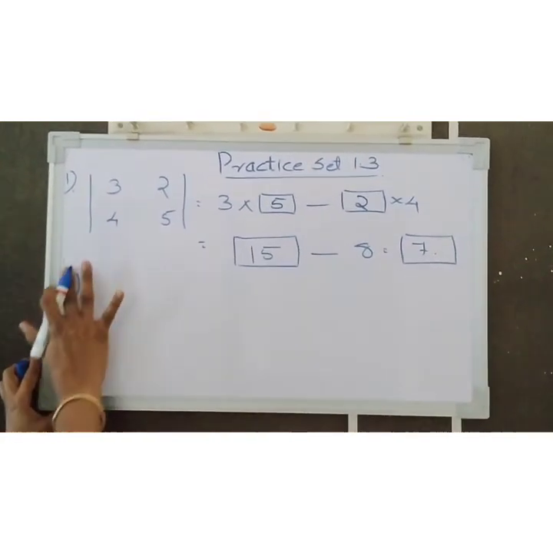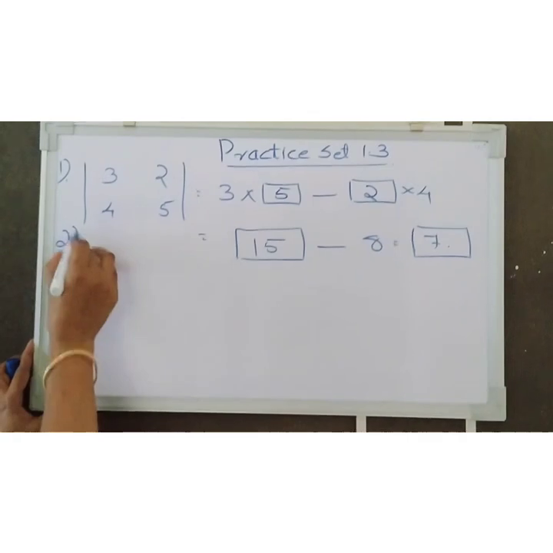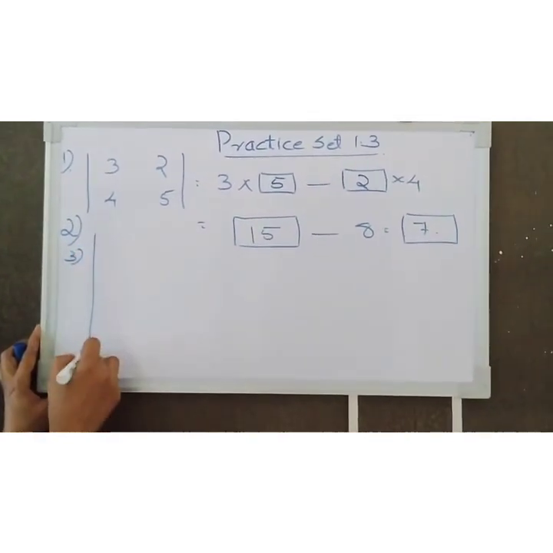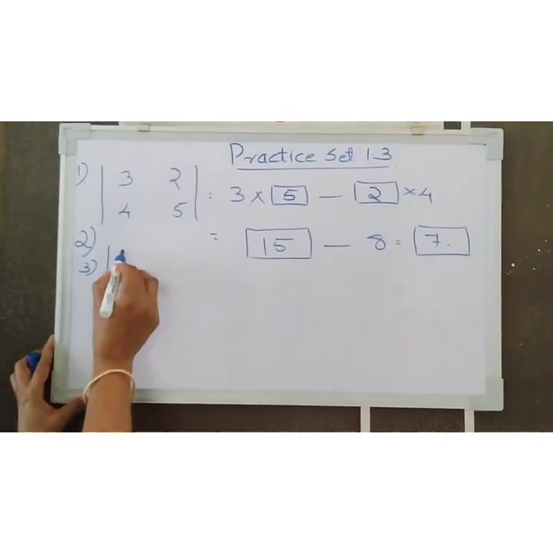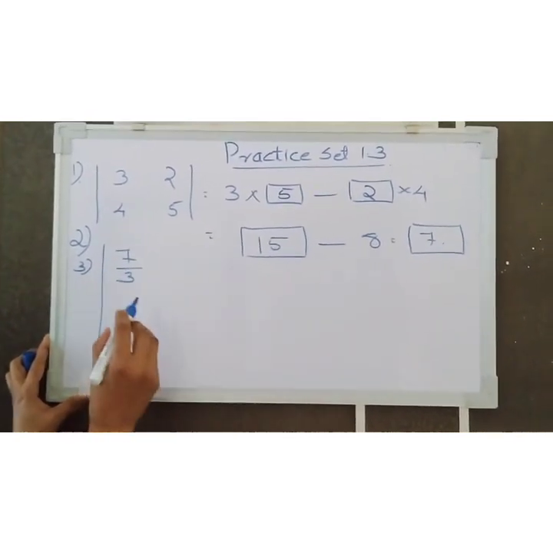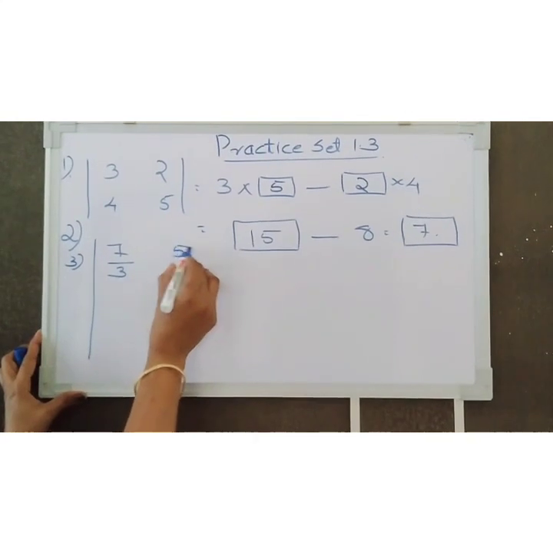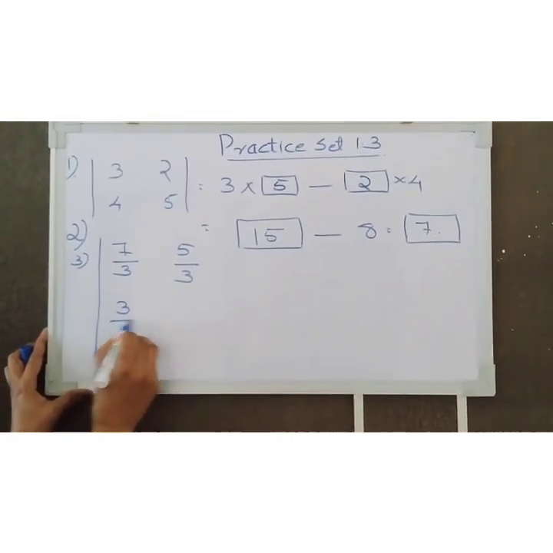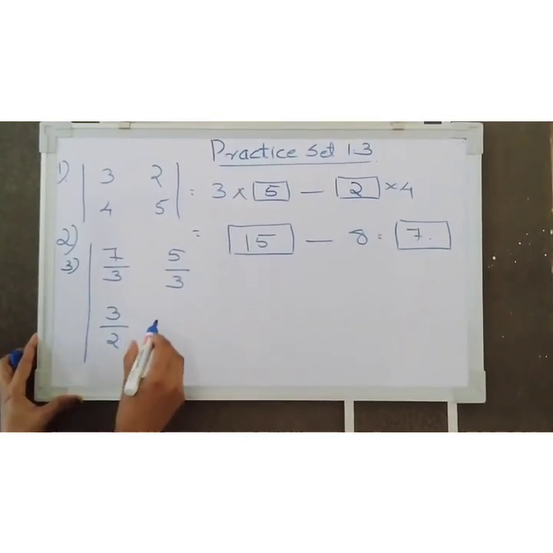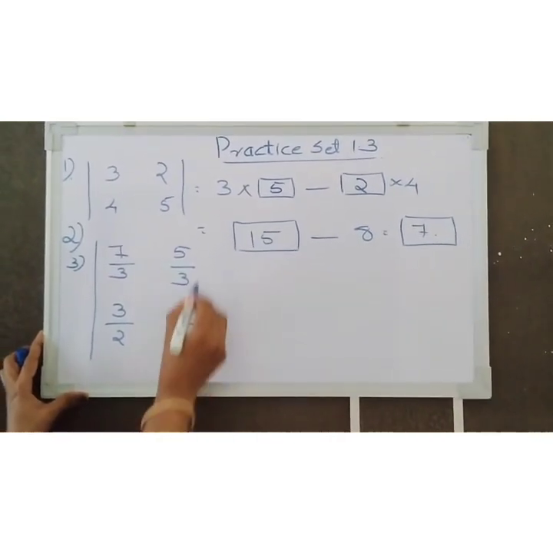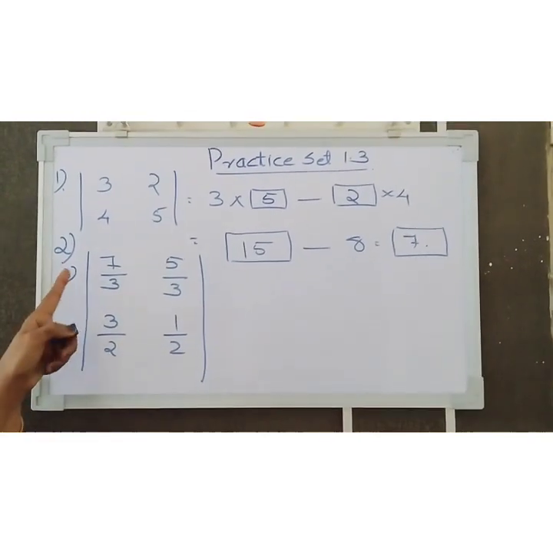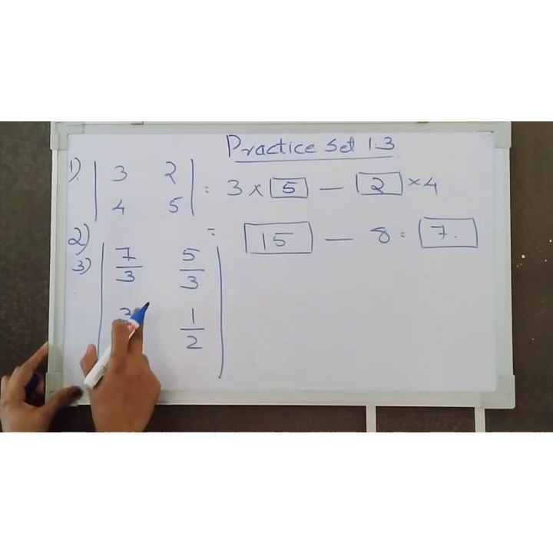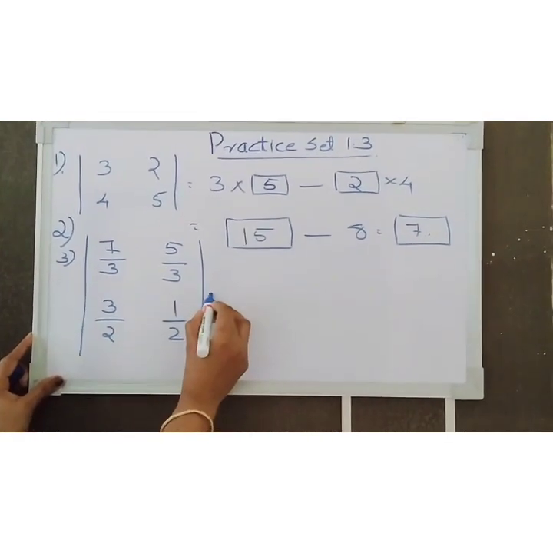Question 3, second section. Find the determinant of 7 upon 3, 5 upon 3 and 3 upon 2, 1 upon 2.